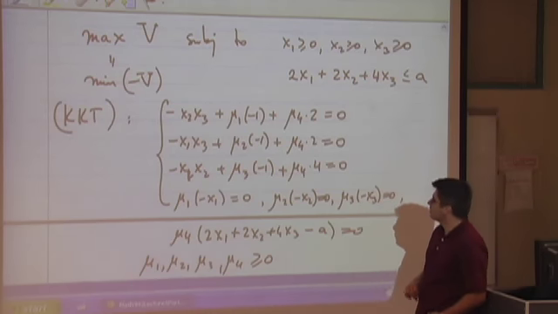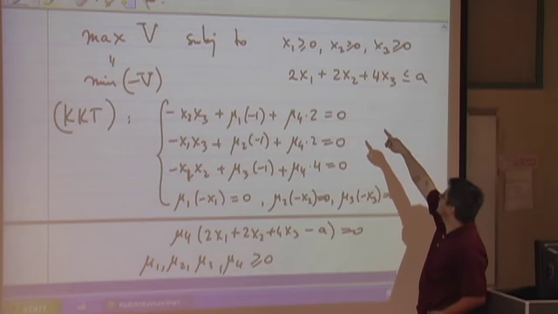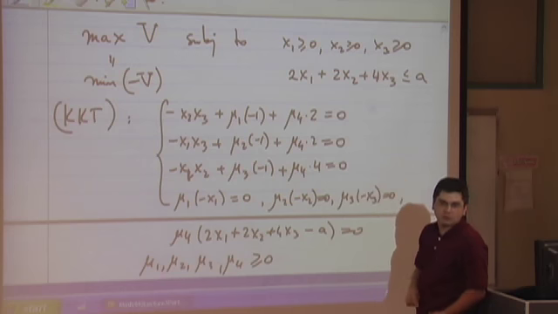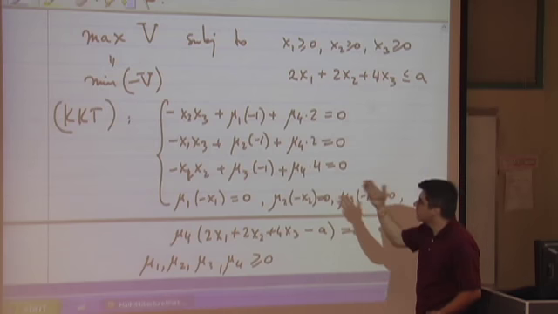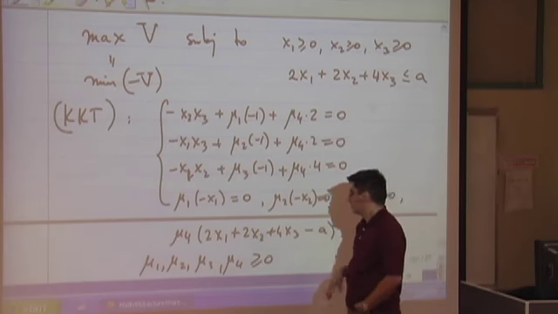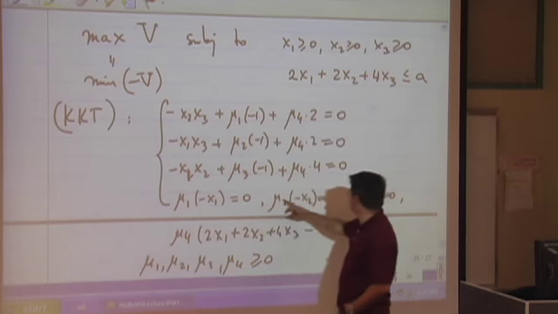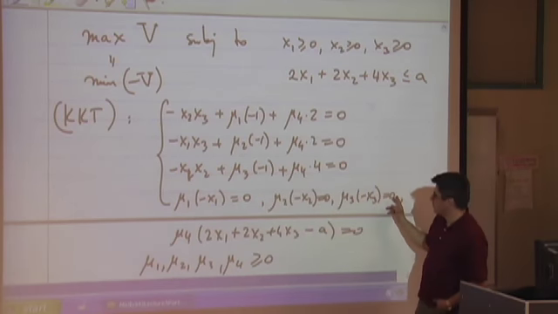Then basically it says that x1, x2, and x3 cannot be 0, which is reasonable because then the volume would be 0. You would have a maximum. So at a maximum, what are the conditions that happen? Basically you get mu1, mu2, mu3 are all zeros.